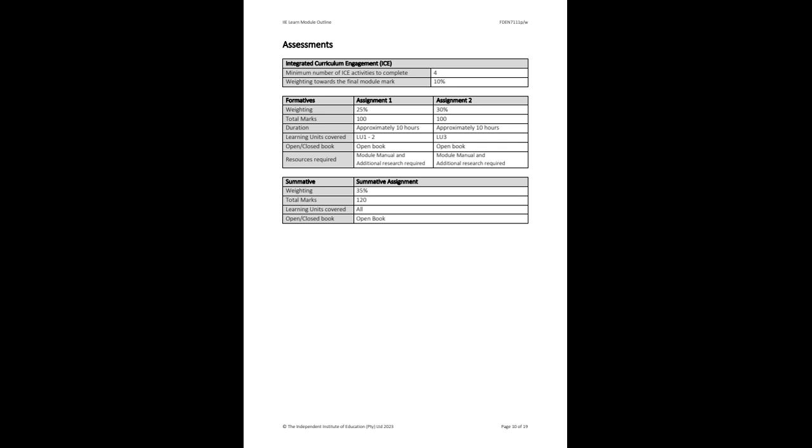So if you complete 4 of those tests and you get the accepted mark, you will get that 10% for the US task. Then we have assignment 1, which is 25%, and that is based on learning units 1 and 2. Then assignment 2, which is 30%, that is based on learning unit 3, and then the summative assignment is based on all of the learning units.